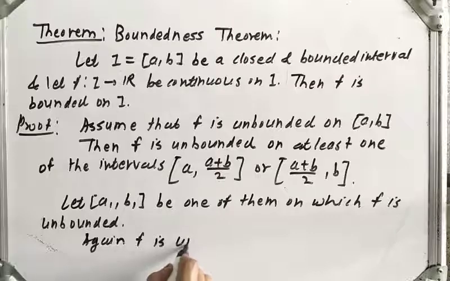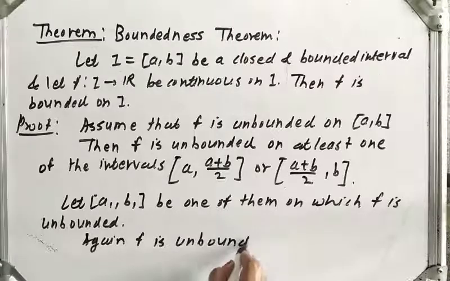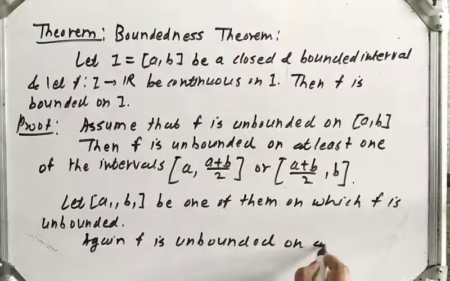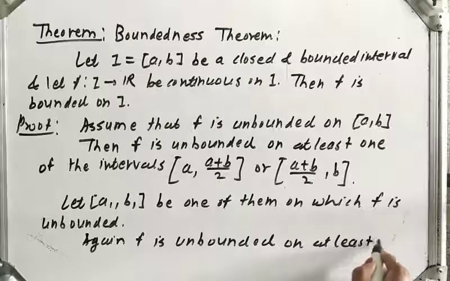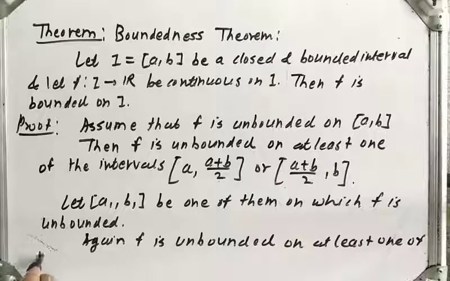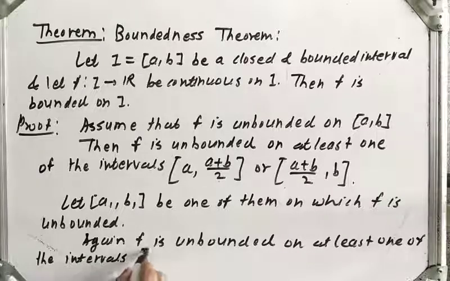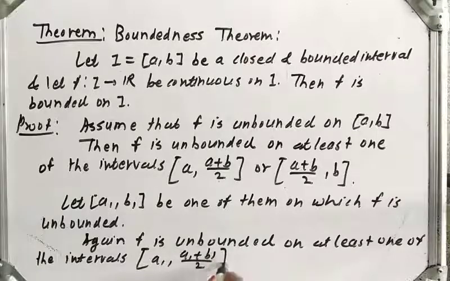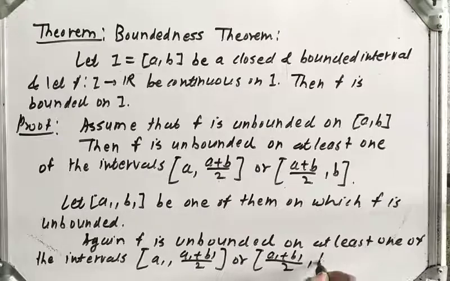Now again f is unbounded on at least one of the intervals a1 comma a1 plus b1 upon 2 or a1 plus b1 upon 2 comma b1.